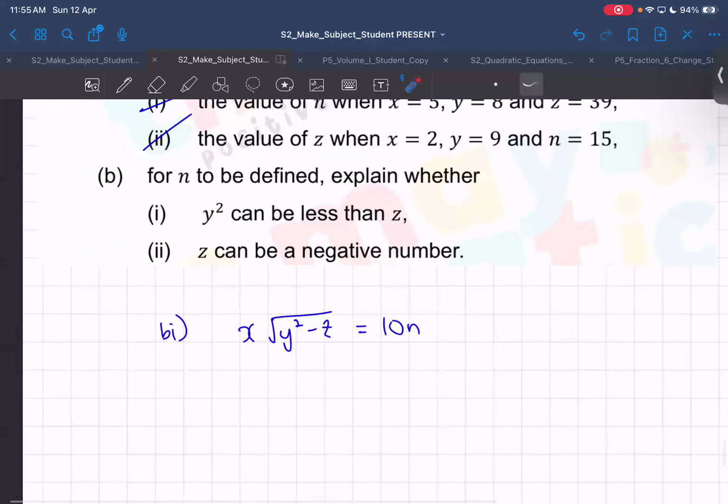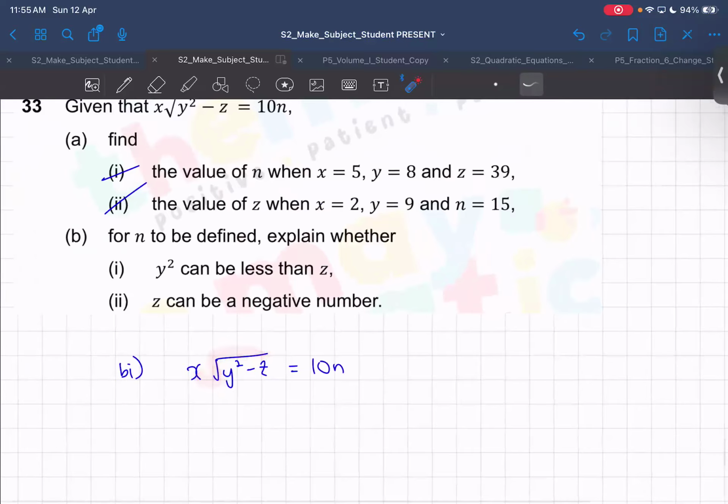So I ask you first. Again, we see a square root. What is the condition for this to exist? Maybe I ask Bell. What is the condition for my square root to exist? Positive, right?